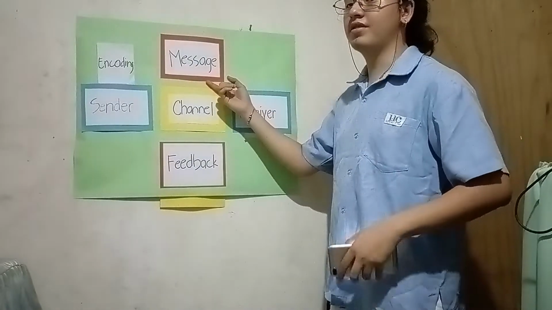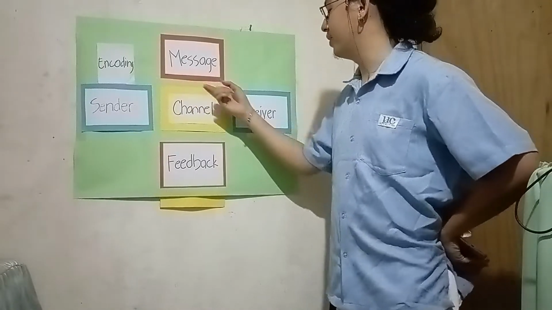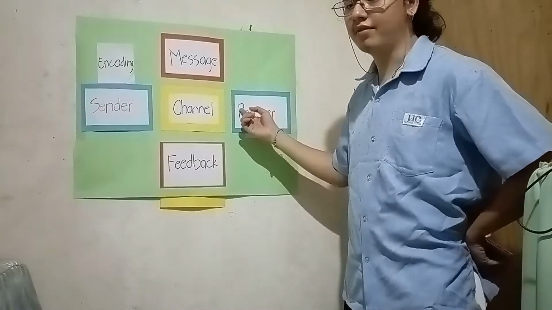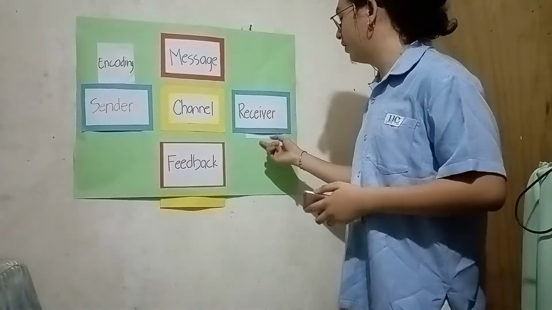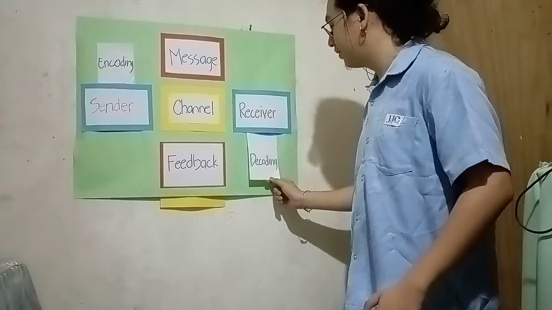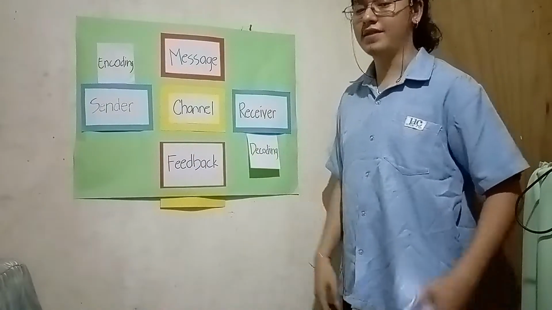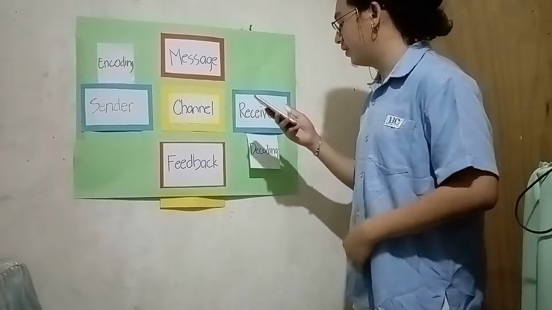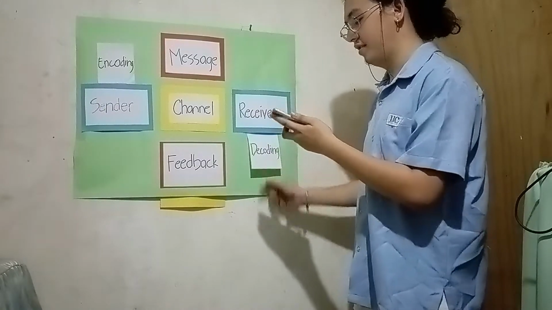The message is the information that the sender encodes to the recipient, which is the receiver. And the receiver will be the one who will be decoding the message that the sender has said. So, decoding is the interpretation of the message.